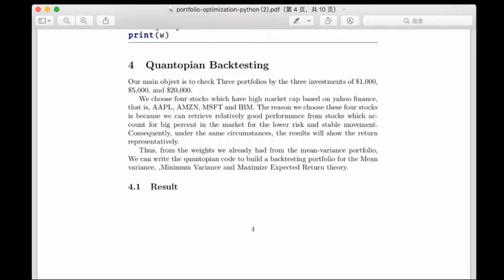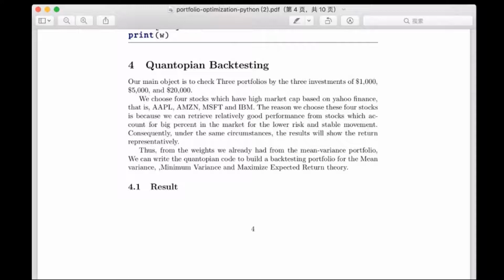We choose 4 stocks which have high market cap based on Yahoo Finance: Apple, Amazon, Microsoft, and IBM. The reason why we choose these 4 stocks is because we can retrieve relatively good performance from stocks which account for a big percent of the market, with lower risk and stable movement. Consequently, under the same circumstances, the result will show the return representatively.